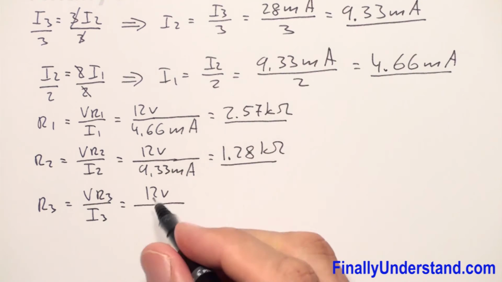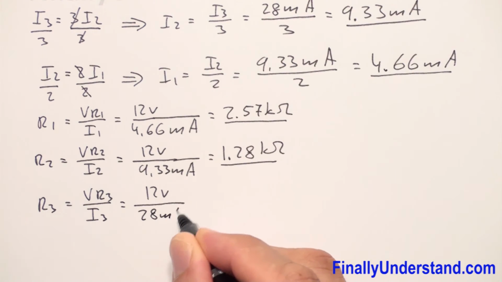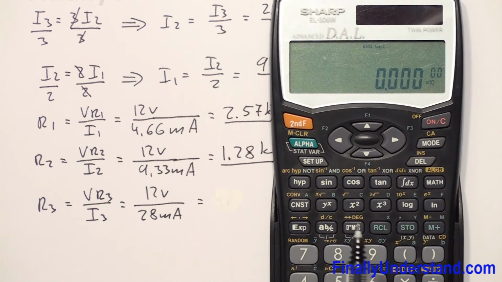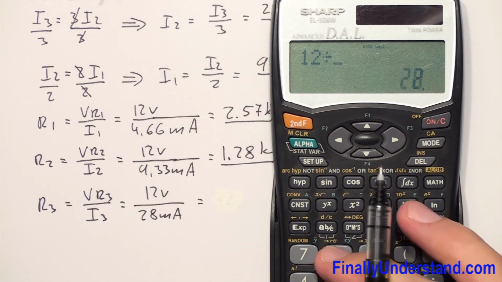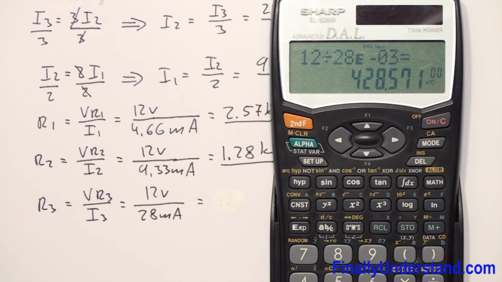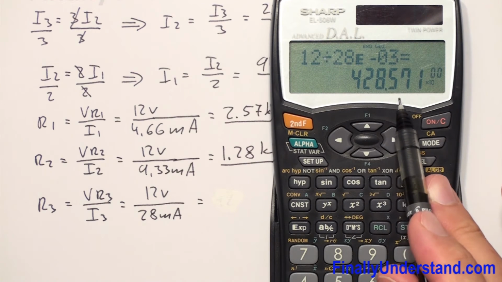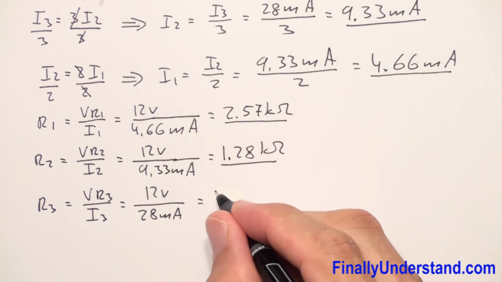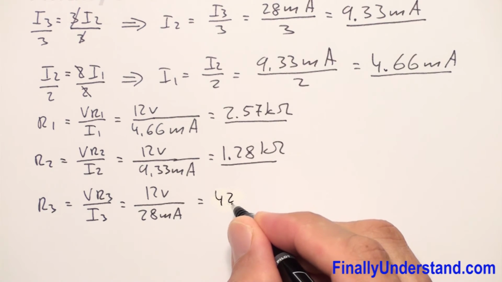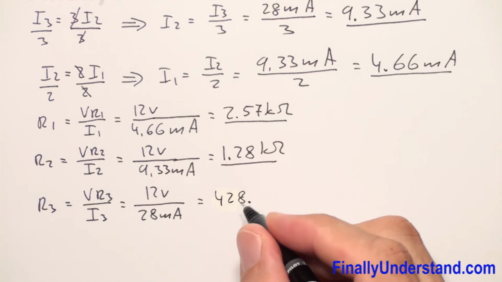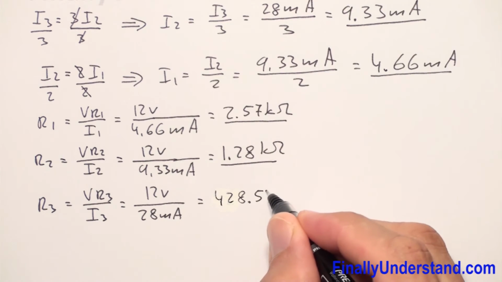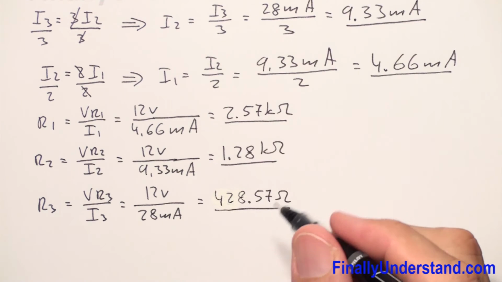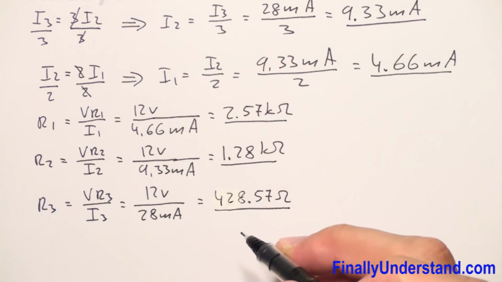So I'm going to write over here 28 milliamps. So I have 12 divided by 28 times 10 to the negative 3 is equal to 428.57 ohms. Okay, so this is my R3.